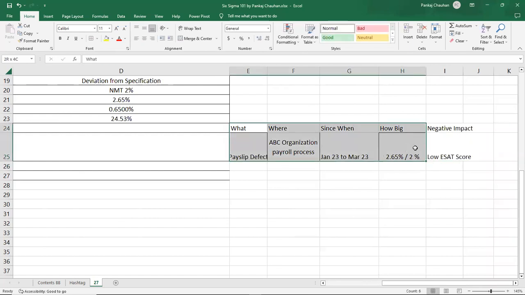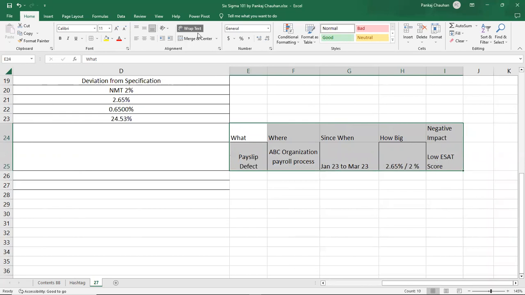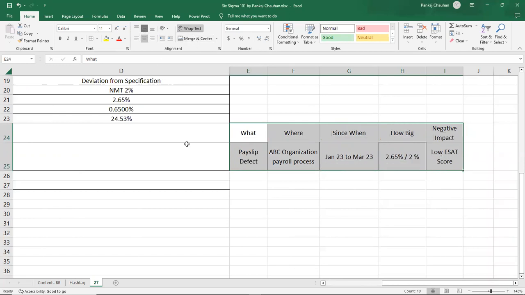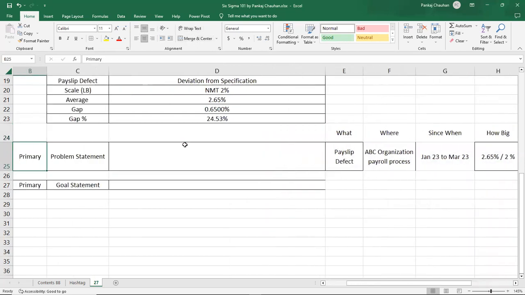Now these 5 words I have written here, I will combine again into one sentence, and that will become your perfect problem statement.